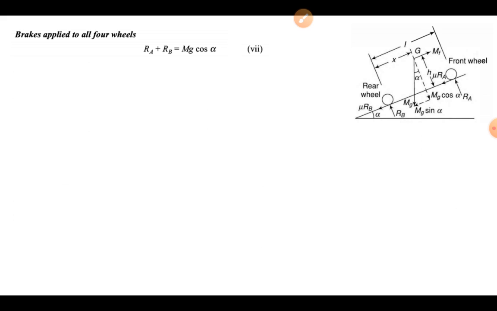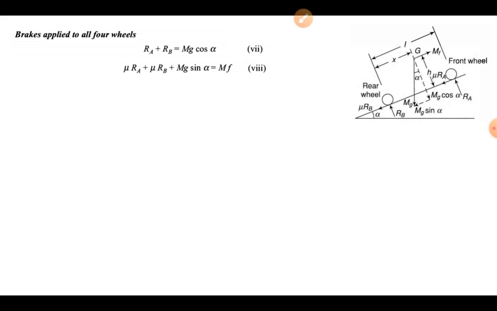Okay, let's consider the situation when the brake is applied on all four wheels. So when the brake is applied on all four wheels, you will consider the friction force of all the four wheels, okay. That is the only thing that will be changed here, right? So we are writing the equation for equilibrium of forces in y and x direction. From summation of Fy equal to 0, you will get Ra plus Rb is equal to mg cos alpha, and from summation of Fx, or forces in x direction, you will get mu times Ra plus mu times Rb.